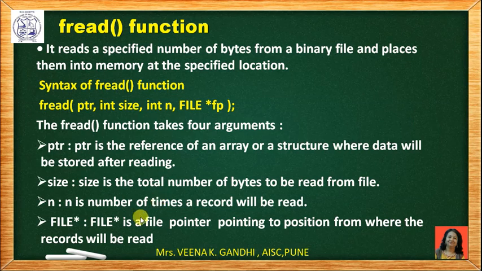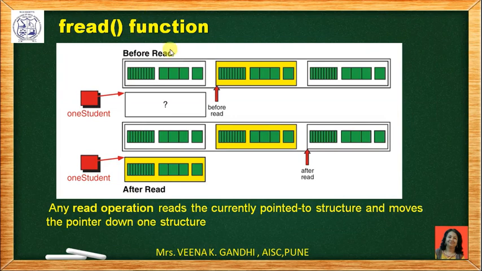And last is the file pointer, pointing to the position from where the records will be read. You can see in the figure, before reading the file pointer is here, and after reading, the file pointer is moved a number of bytes equal to the size of a structure, the size of a block. So any read operation reads the currently pointed to structure and moves the pointer down one structure.